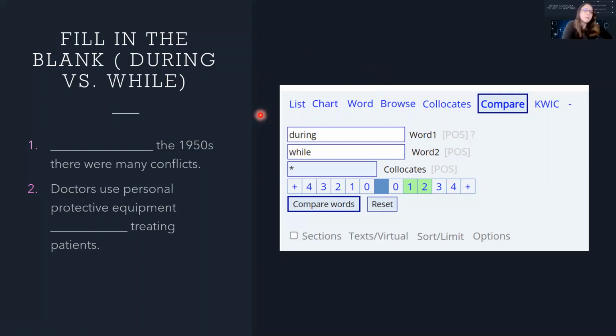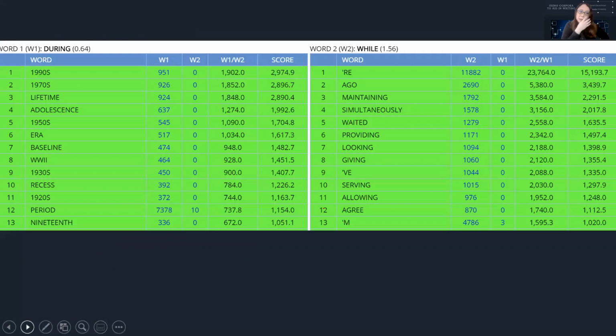Okay, now let's look at number 2. Doctors use personal protective equipment, something treating patients. Is it during or while? Okay, so we have while. And let's look at the search results for an answer.